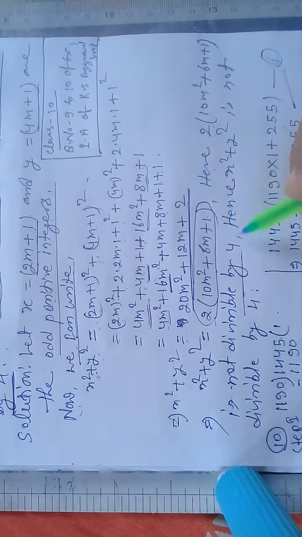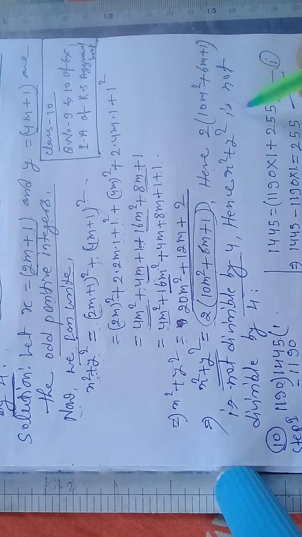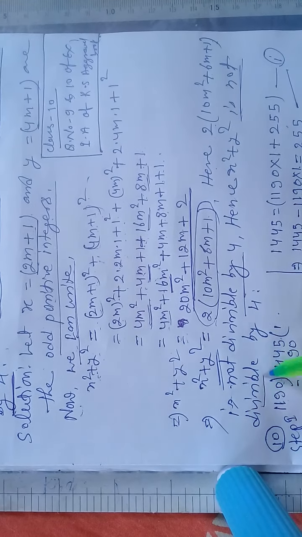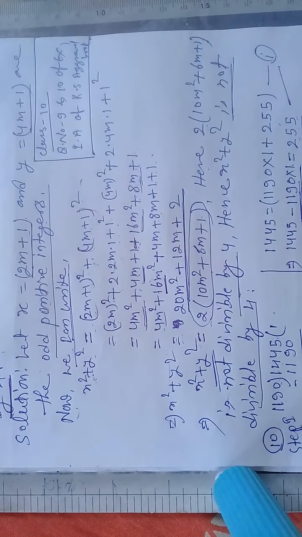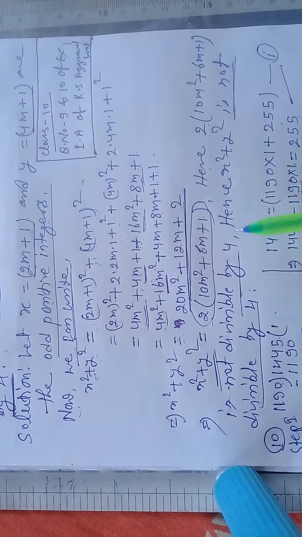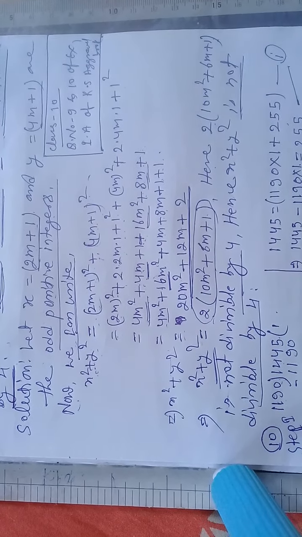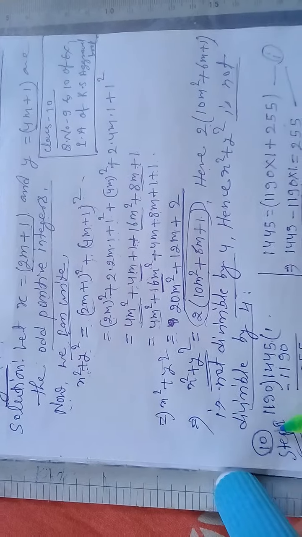Here it means x square plus y square is not divisible by 4. It is divisible by 2. It's proved.